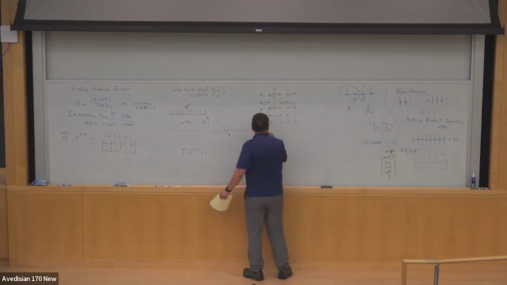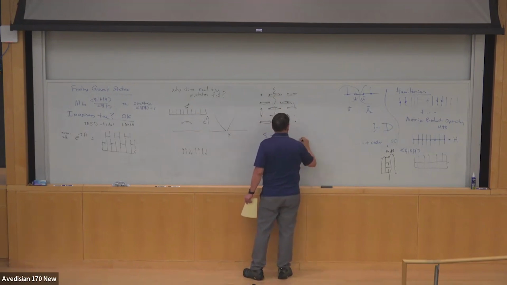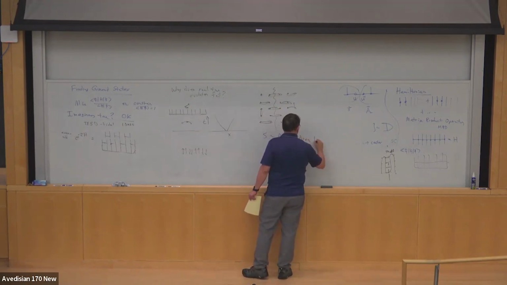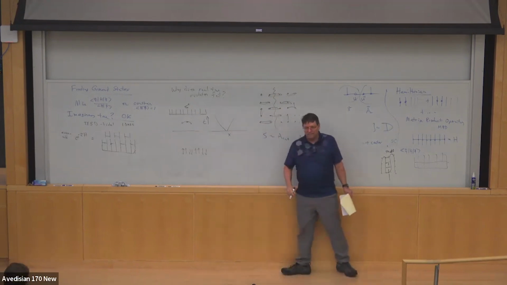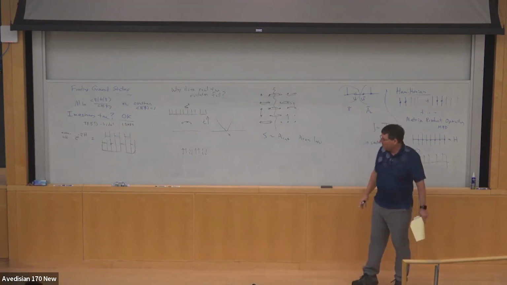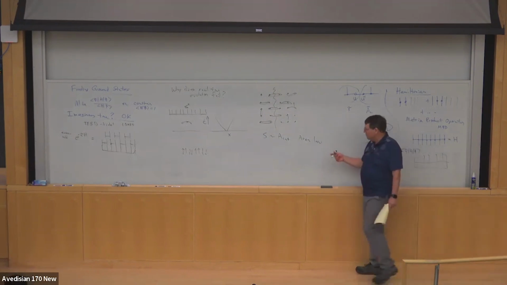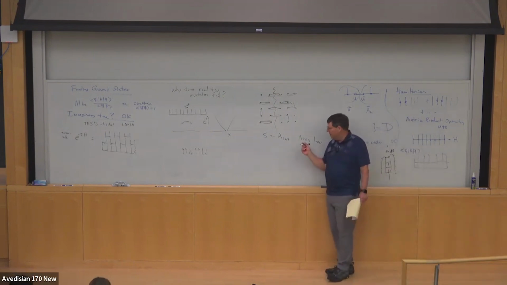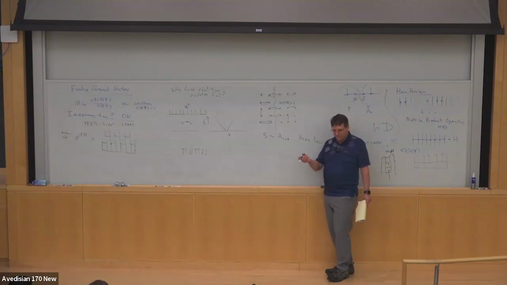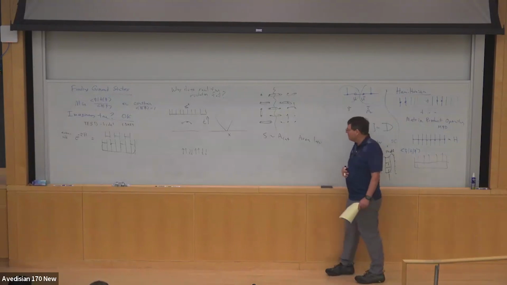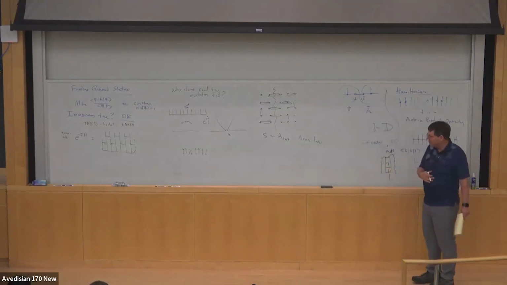So S is proportional to the area of the cut, and this is called the area law. And it's something that people have worked hard to prove in the cases that they could get a handle on, 1D cases especially, something that you'd like to prove. It's known that the area law has log corrections in cases with a gapless ground state. And so certain things are known.